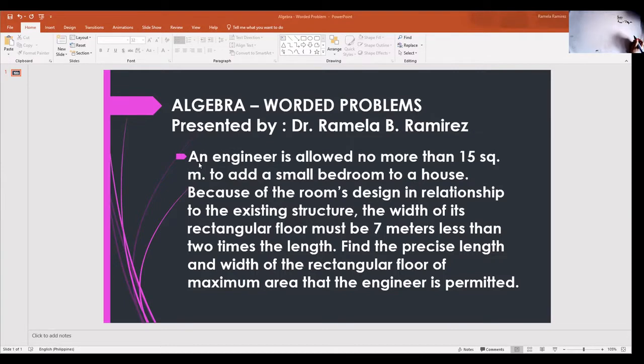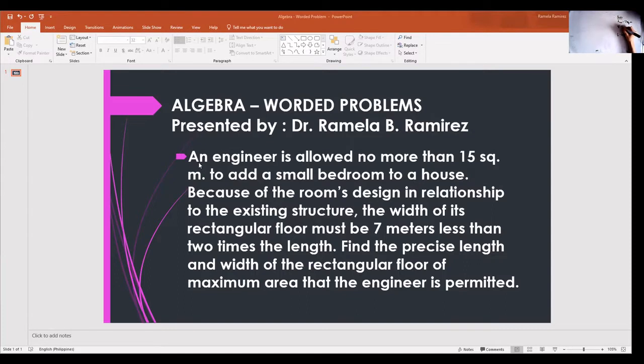And because of the room's design relative to the existing structure, the width of the rectangular floor should be 7 meters less than 2 times the length. If we represent the floor length by L, then the width should be equal to 7 meters less than 2 times the length.